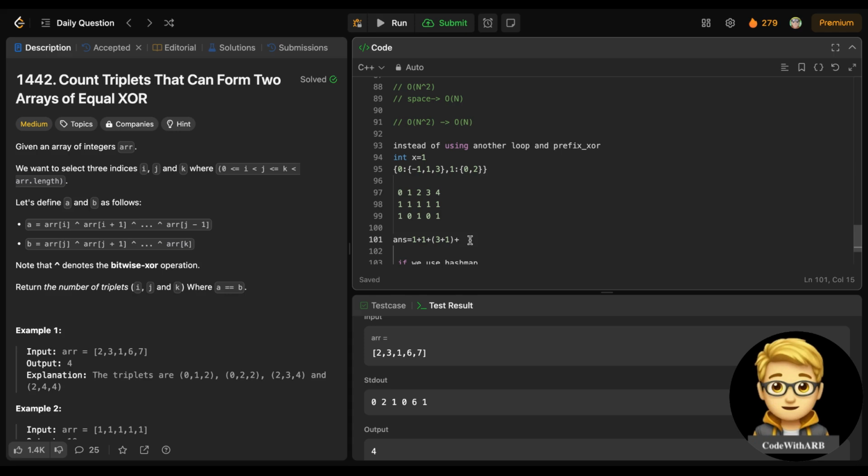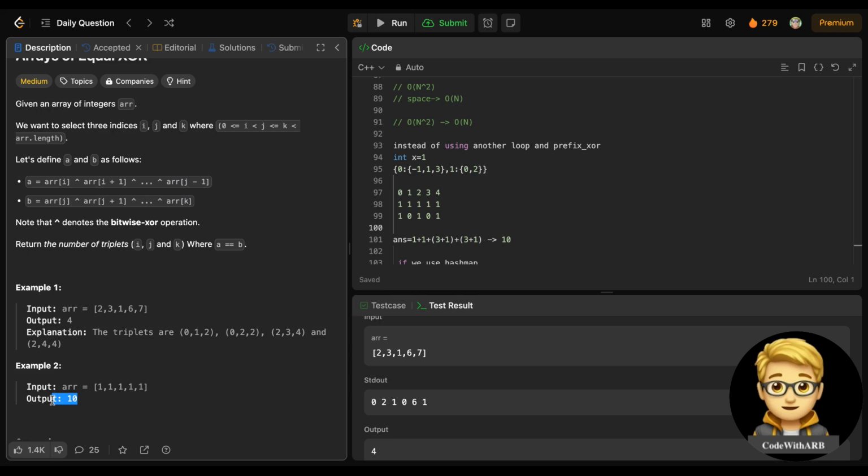So this 3 is again an answer, and from 2, between this one and this one, all the triplets would have answered, that is 1. So what is the total answer? 3 plus 1 is 4, 3 plus 1 is 4, and plus 2 is 10. So that gives us 10 as the answer, and if you see here, we are correct.